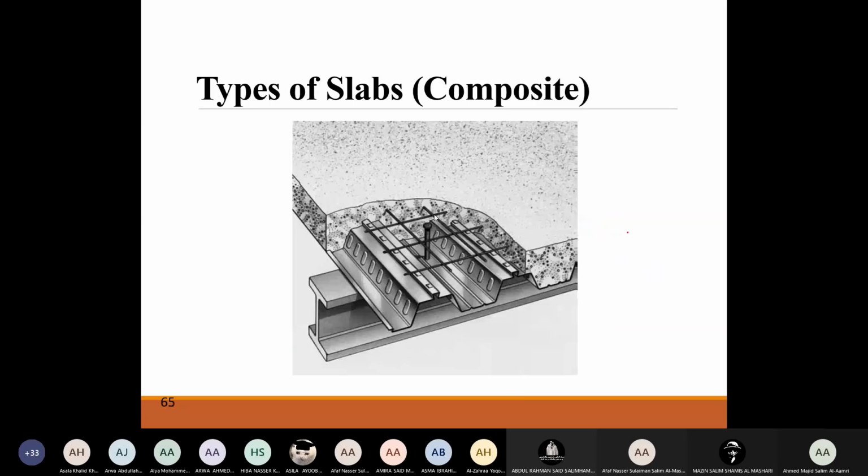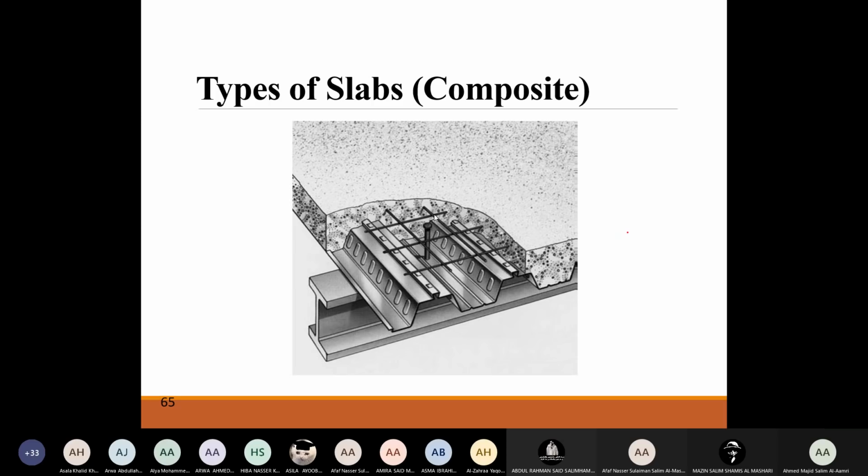The last one is composite. Do you remember the example of a simply supported slab, two-way slab? Do you remember when we said a slab lying on top of a steel beam?